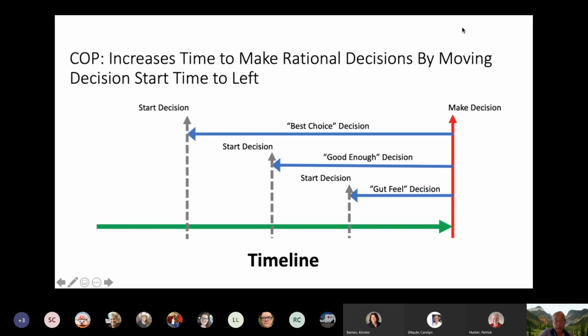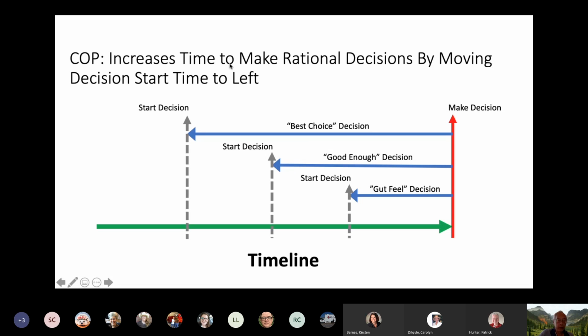And this is a new slide that I just threw up a day or so ago. The common operating picture, and those of you who heard my overview, I discussed something called moving things to the left.